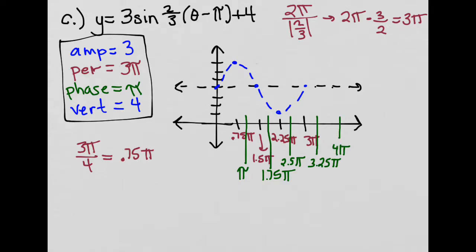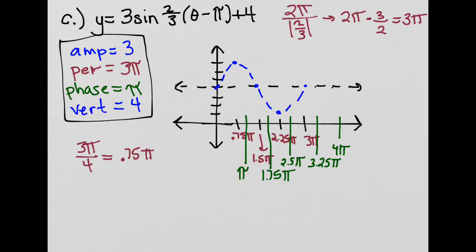Okay, so what we just did here is we added pi to each of the red numbers. So 0.75 plus pi was 1.75, 1.5 plus pi was 2.5, 2.25 plus pi was 3.25, 3 pi plus pi was 4 pi. Oh, and then 0 plus pi was pi.